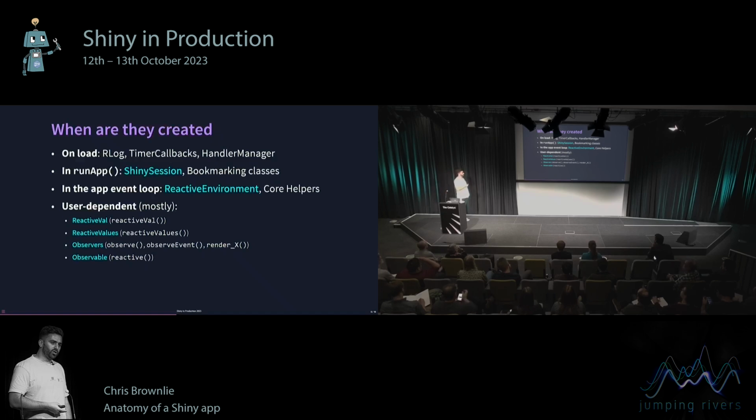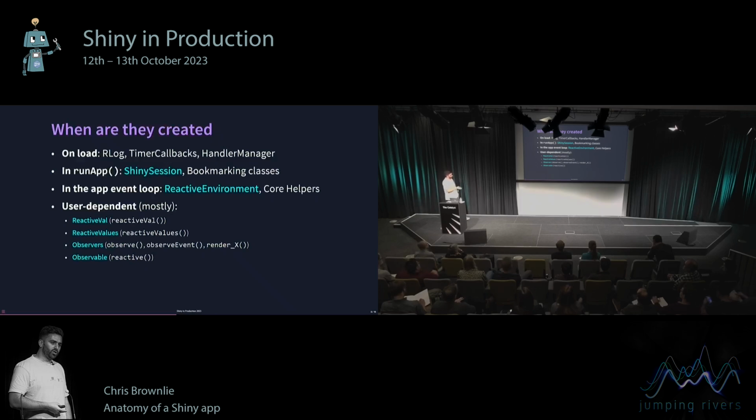When the app first starts up, it creates the Shiny session. Those in blue, I'm going to talk a bit about specifically what they do and what they're for, but the Shiny session is arguably the most important and the one that we potentially interact with the most. That's when the app first starts up.